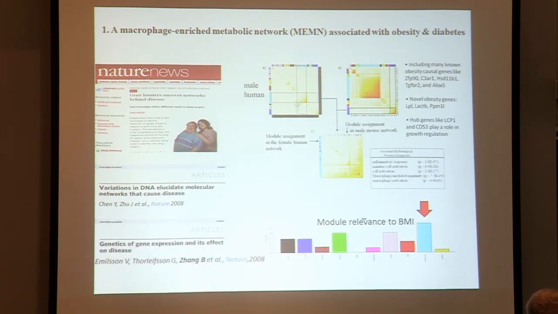We have adipose data from about 1,000 human samples, with gene expression, genotype, and clinical information, including males and females. In the first step, you construct male and female co-expression networks separately, and then look at how the modules are conserved across the two gender-specific networks.